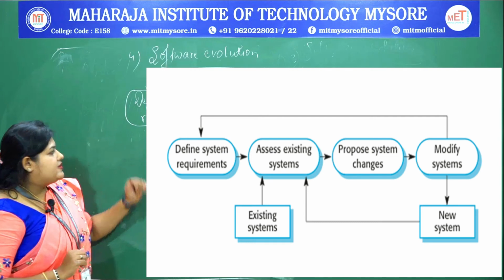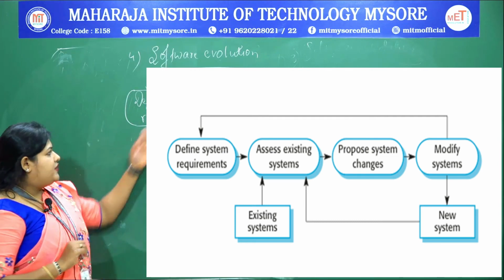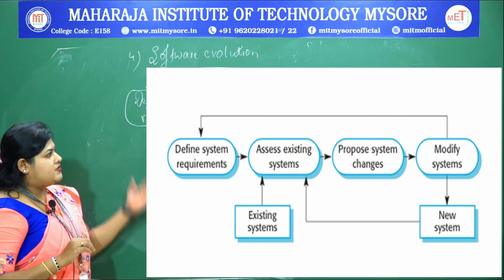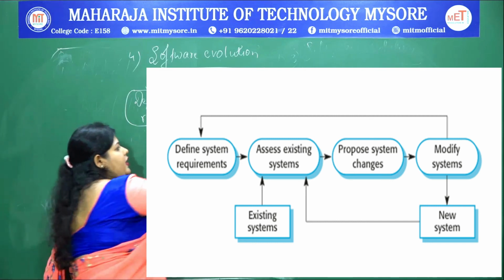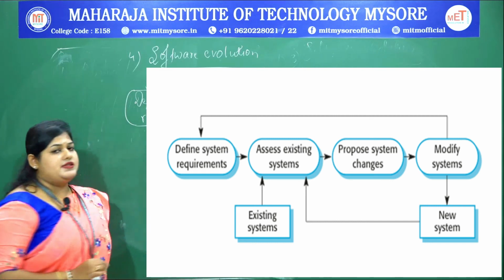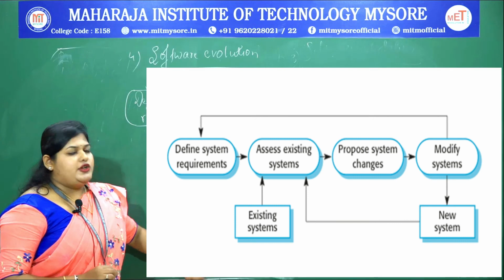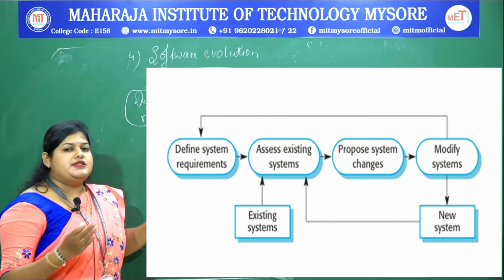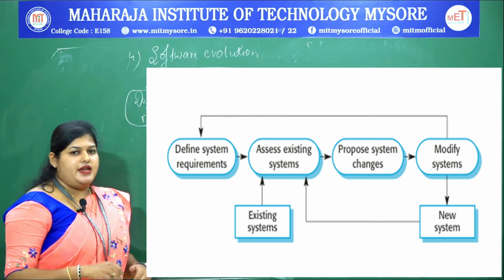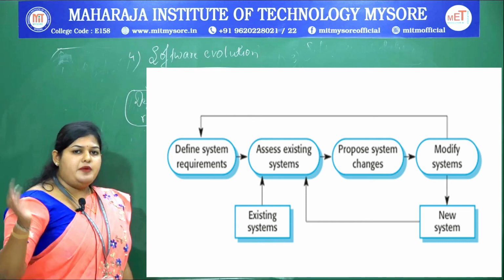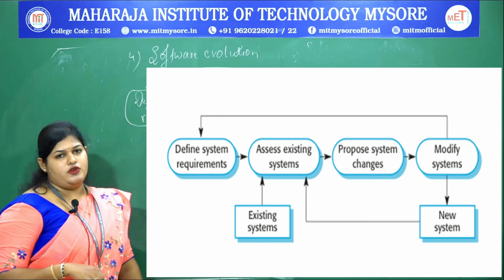So, what does that involve? The very first is define system requirements. Yes, we have done that. Then accordingly assess the existing system. You need to work out what changes I can build, what is there in the present, and what changes I can bring in the future.